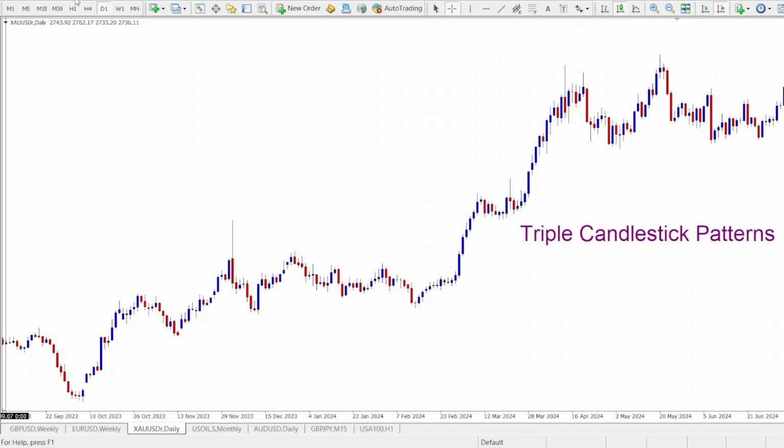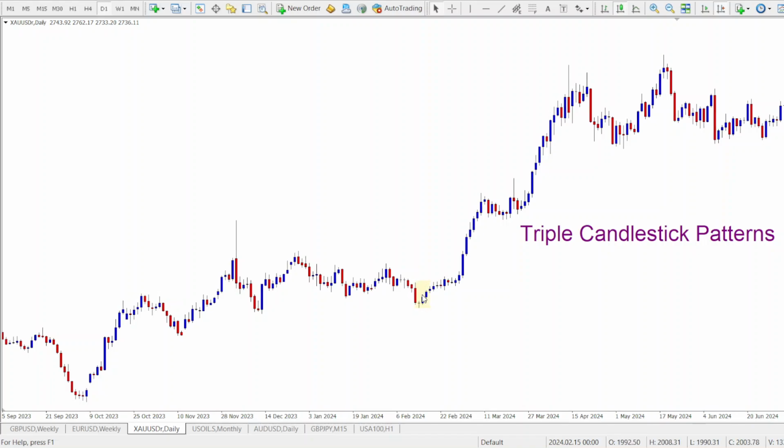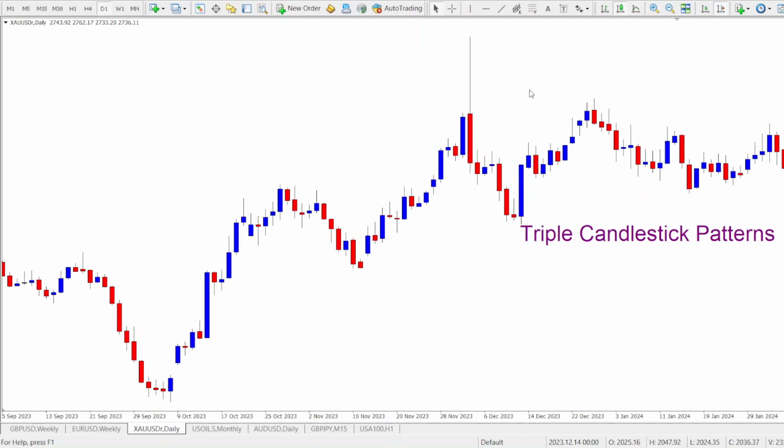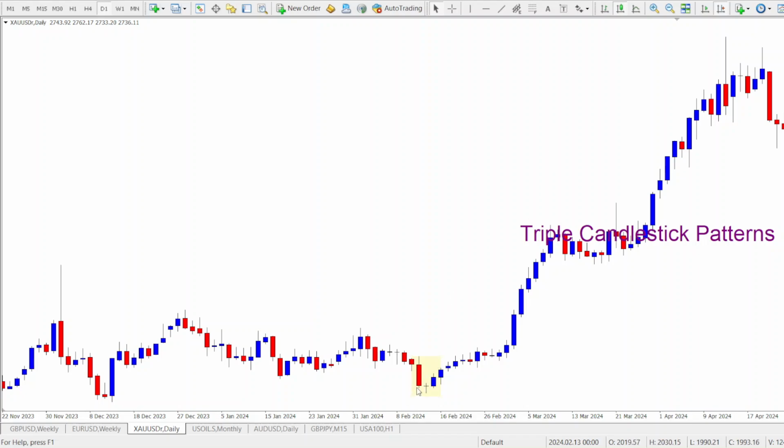So we can see that we had a morning star here. The first candle is a large bearish candle, and then we had a small candle, and then we had a bullish candle that closed above the midpoint of the first candle.